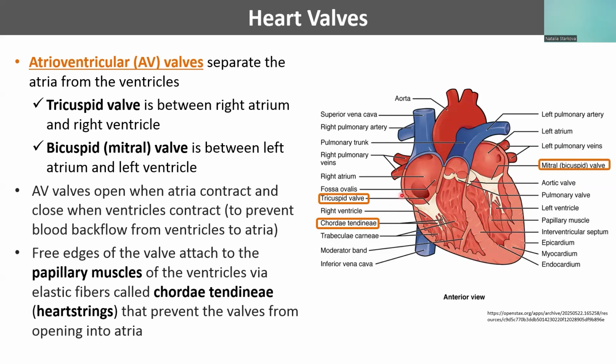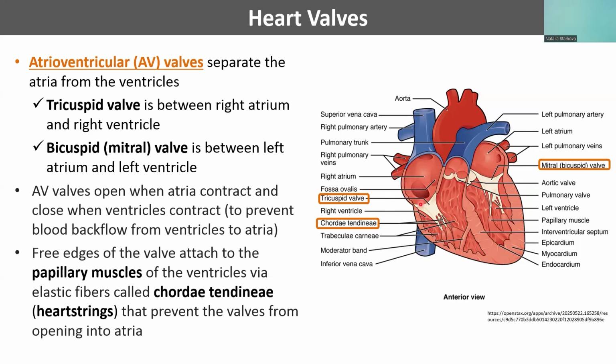The valves allow the blood to flow only in one direction, from the atria to the ventricles. They open when the atria contract, squeeze the blood, and the blood flows into the ventricle. But when it's the turn of the ventricles to contract, the valves close. So blood goes only from atria to ventricles and not back.